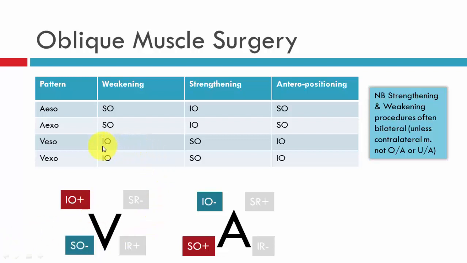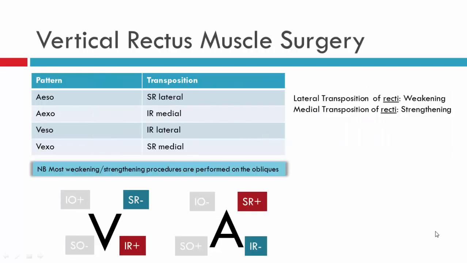So as expected, what you would find is that you would want to weaken the overacting muscle, the inferior oblique, and strengthen the superior oblique. You could also look at anterior positioning the inferior oblique, which is actually a weakening procedure.